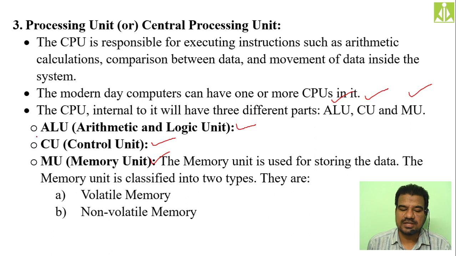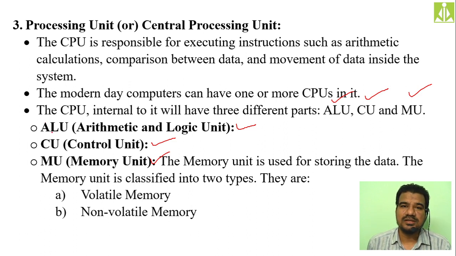Arithmetic logic unit is responsible for performing arithmetic and logical calculations. Arithmetic calculations means all arithmetic operations like addition, subtraction, multiplication, then comparison operations. Logical operations, checking whether two numbers are equal, which one is less than, which one is greater than, likewise. All that sort of calculations your ALU will perform.